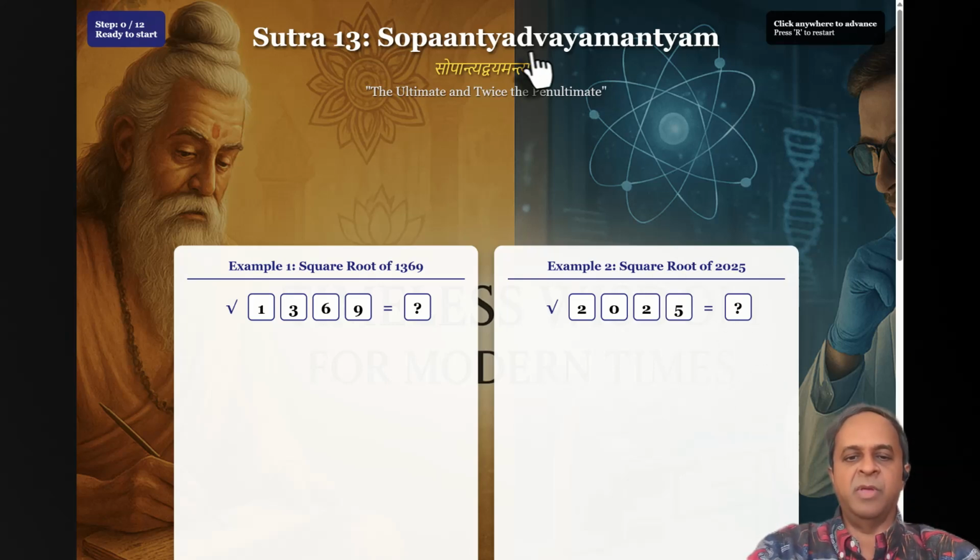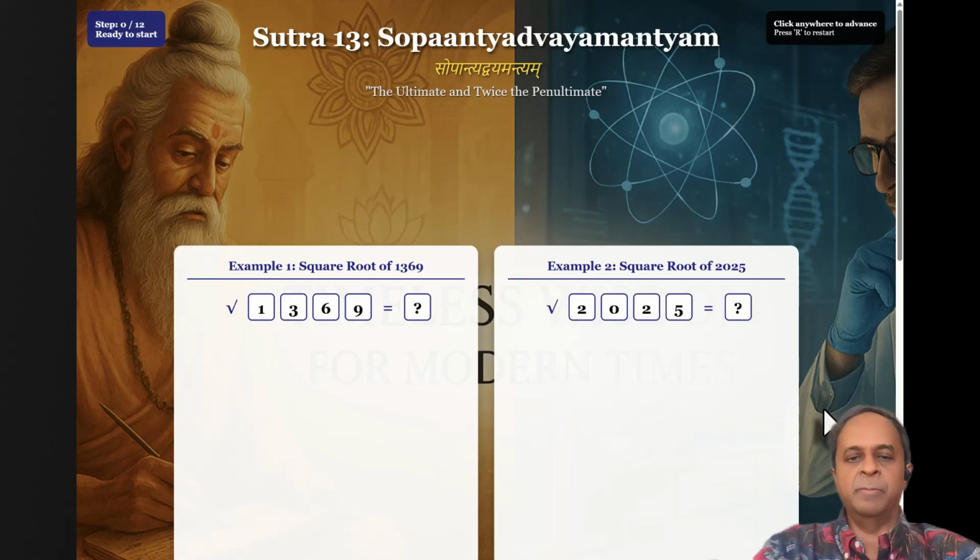And davya means twice, right? So this principle recognizes the relationship between the ultimate digit and twice the penultimate digit in a number can reveal mathematical properties, particularly for finding square roots.